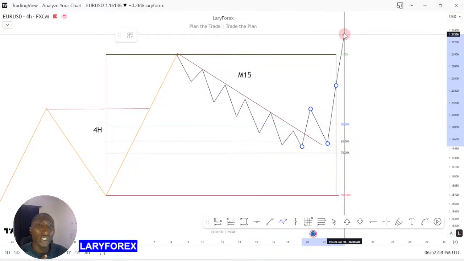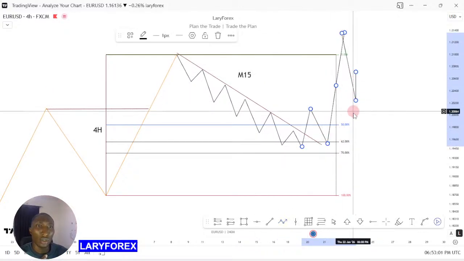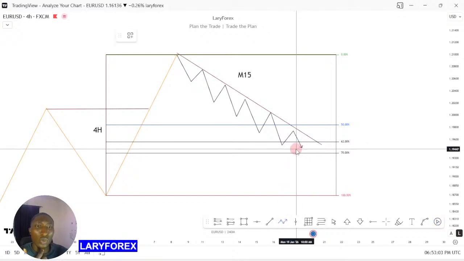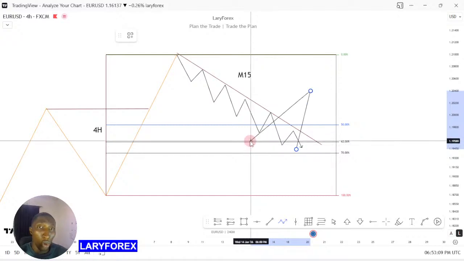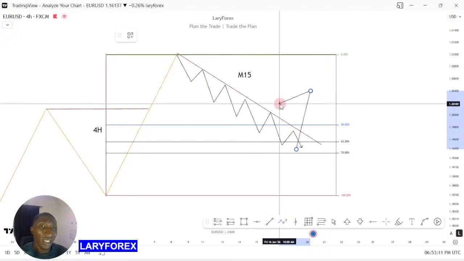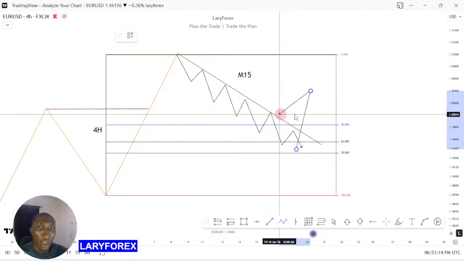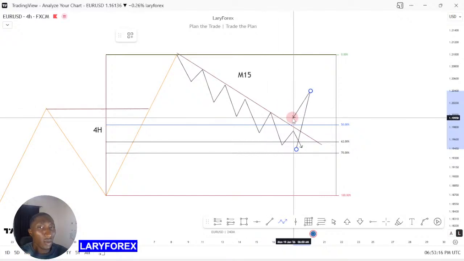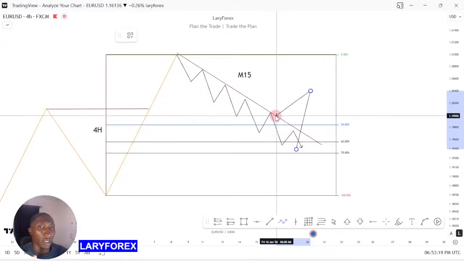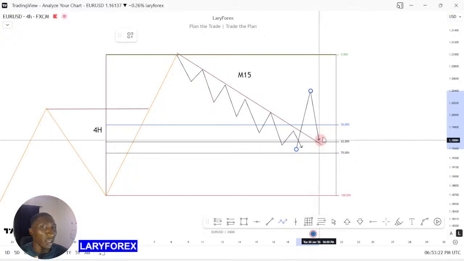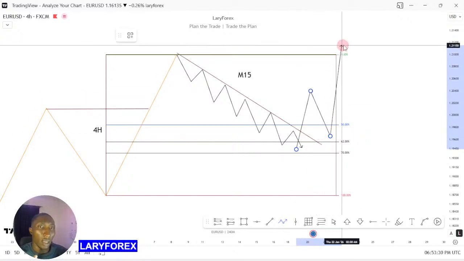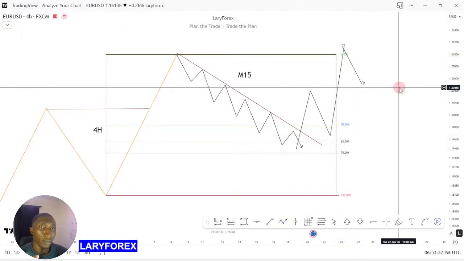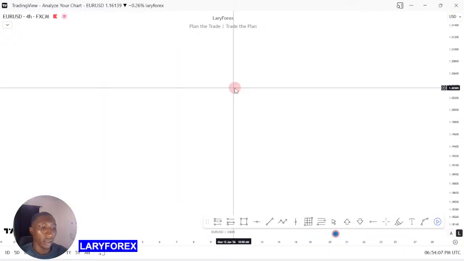Once we have established this bullish continuation, breaking the previous low and the previous lower high, that signals a change of character. Are you guys following? Now we will enter at the demand of this new swing and buy off. Are you guys following?